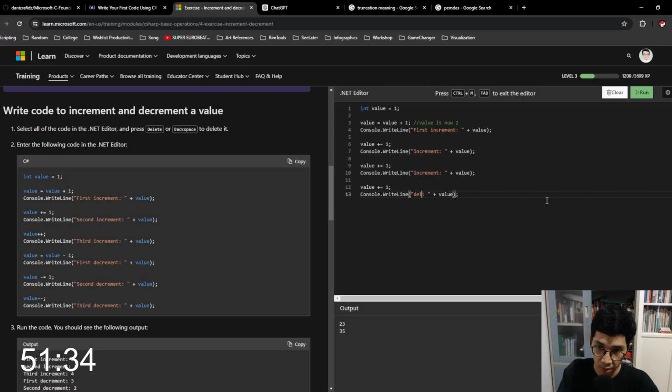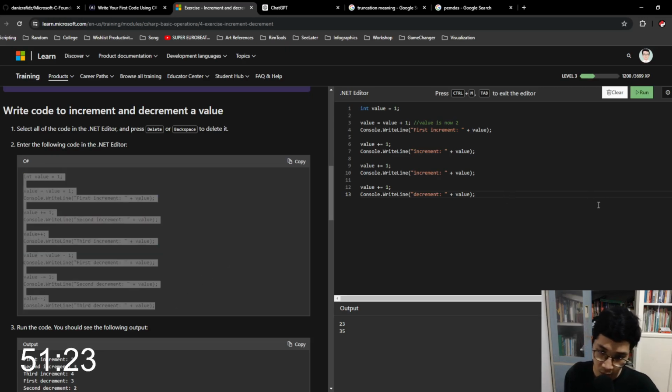This one will be decrement. This is how you copy and paste, not exactly copying from the code purely 100%. That's not how you learn.